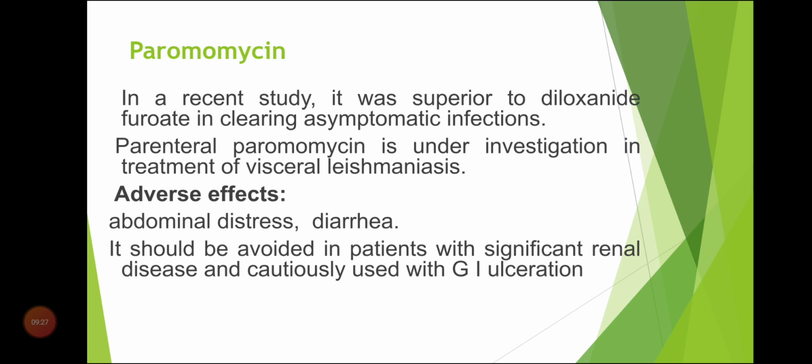Parenteral paromomycin is under investigation in the treatment of visceral leishmaniasis. Adverse effects of paromomycin: abdominal distress, diarrhea. It should be avoided in a patient with significant renal disease and used cautiously with GI ulceration.